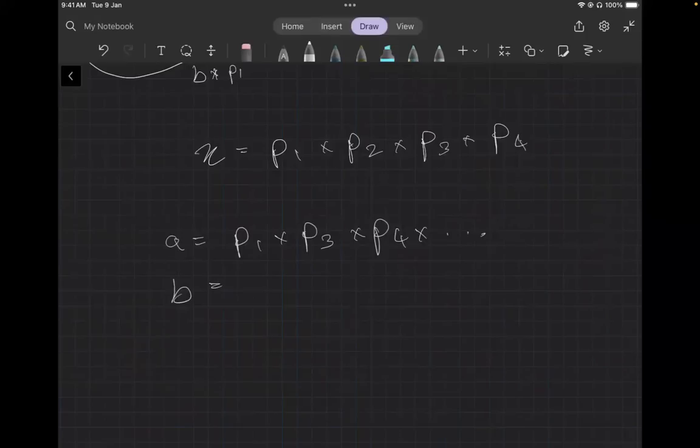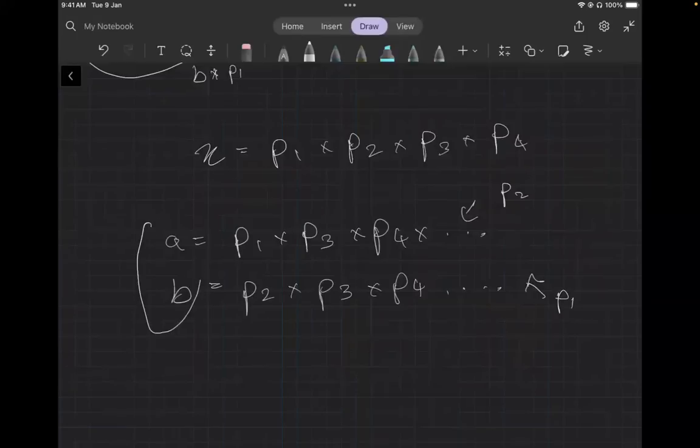And B is nothing but x divided by P1. So P1 gets removed, so P2 into P3 into P4, and so on and so forth. So can't you see that this is just missing P2 and this is just missing P1? So the LCM of these two numbers is nothing but x.